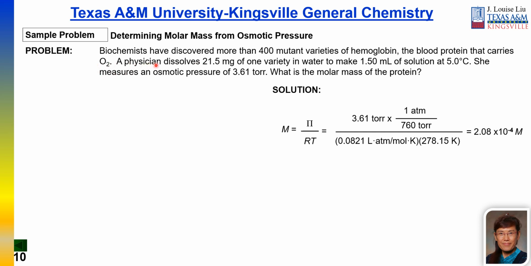A physician dissolves 21.5 milligrams of one variety of this mutant and prepares a solution by adding about 1.5 milliliters of water. This research was carried out at 5 Celsius. You measure the osmotic pressure, which is 3.61 torr. The question is, what is the molar mass of this particular protein?